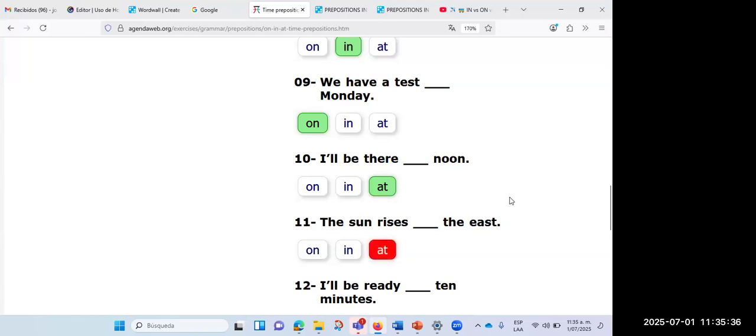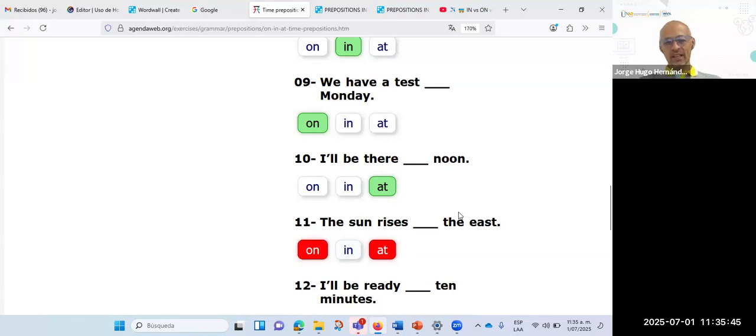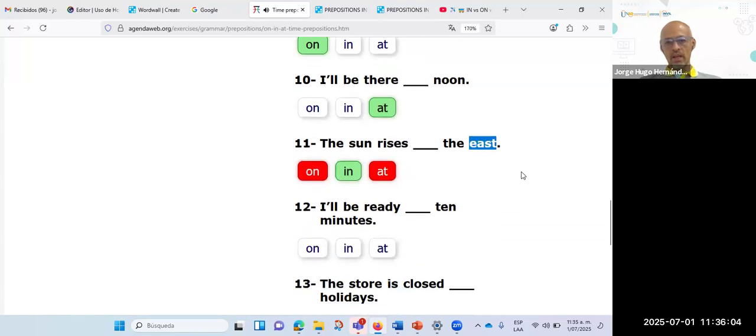Okay, yes, sorry. The sun rises in the east. When we look at the picture, this case was not explained there, but here, in order to say the east, this is a cardinal point, no?